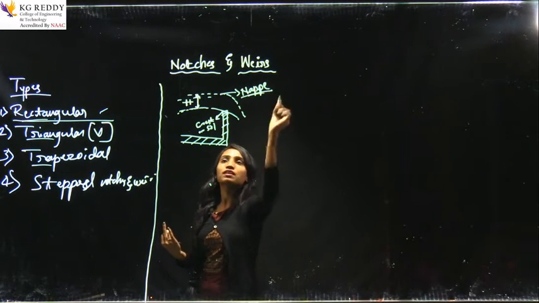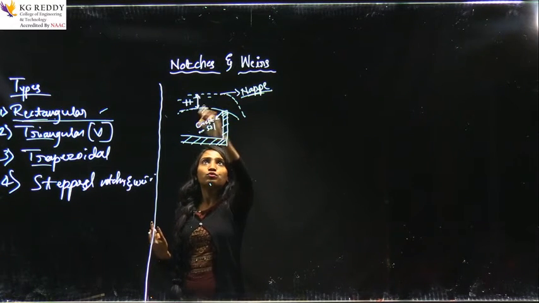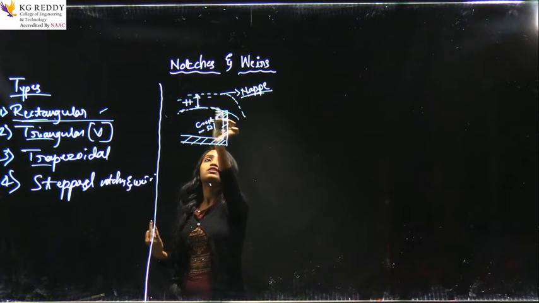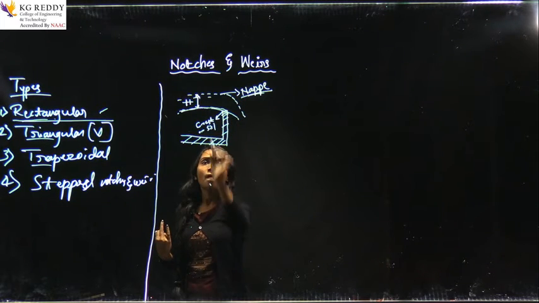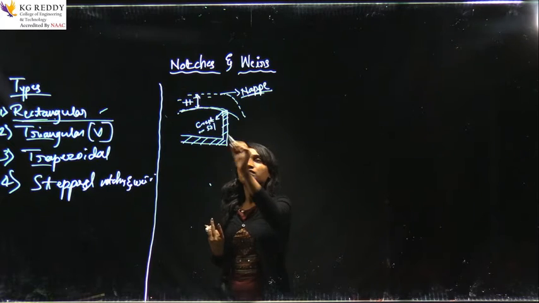And what is the crest? The crest is the part of the notch or the weir over which the water flows. You can see this is the crest or the sill, over which water is flowing.